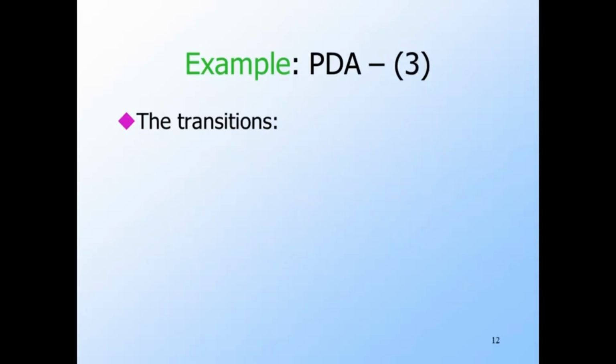Here's the transition function of our PDA. Initially, Z0 is at the top of the stack. When we see the first zero, we push an X onto the stack. Notice that the replacement string is XZ0. That string replaces Z0, but the net effect is that the Z0 remains and X is pushed onto the top.